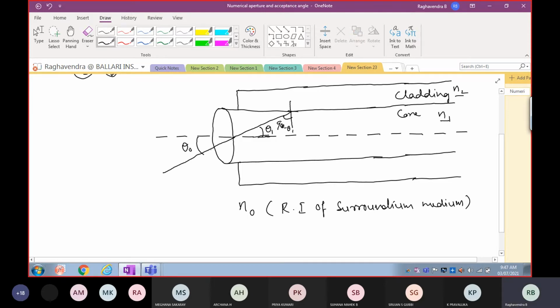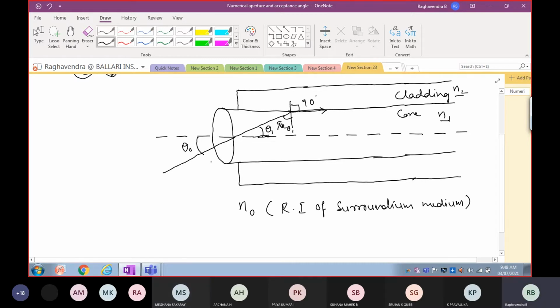So whenever a light ray passes from the surrounding medium into the core part of the optical fiber, it will be incident on the interface between core and cladding at an angle 90 minus theta 1, and it will graze the interface between core and cladding, whose angle of refraction is 90 degrees. Understood? Yes, sir.